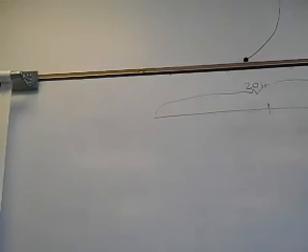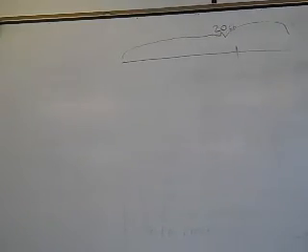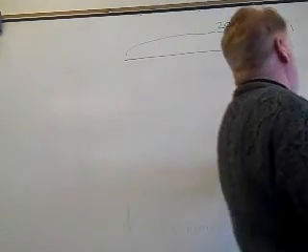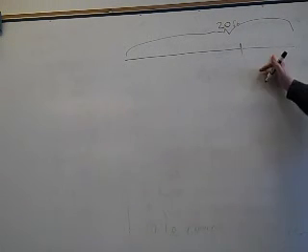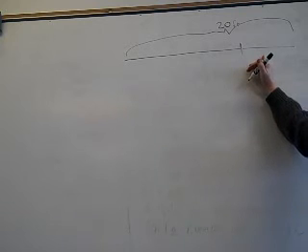Oh, no, they can't. Now you can. So, we know the total length of this pipe is 20 feet. We know that this piece, the longer piece, is 3 times the length of the shorter piece.